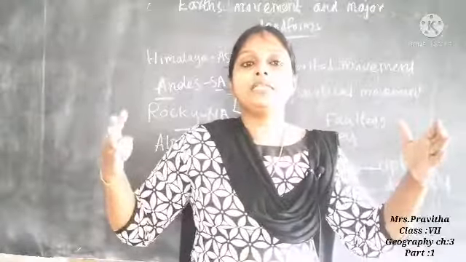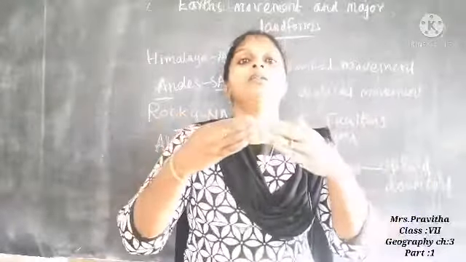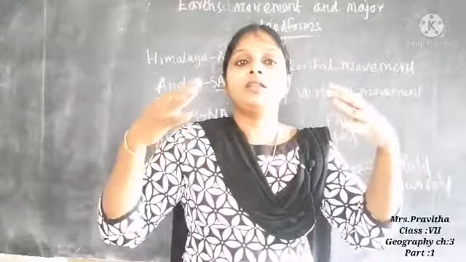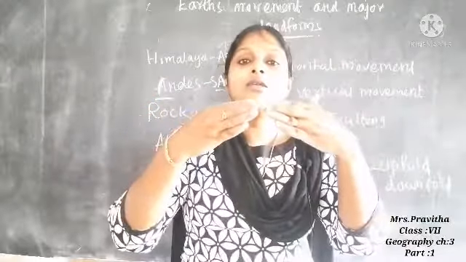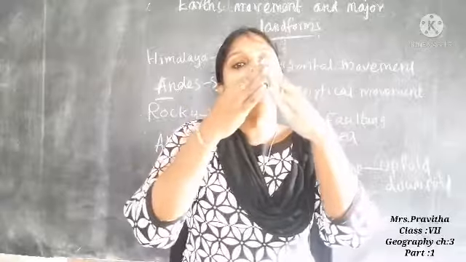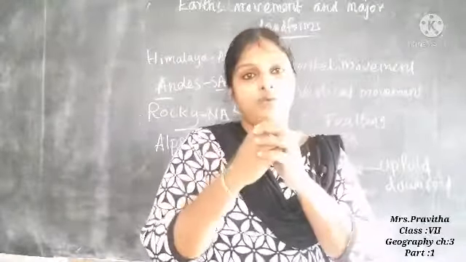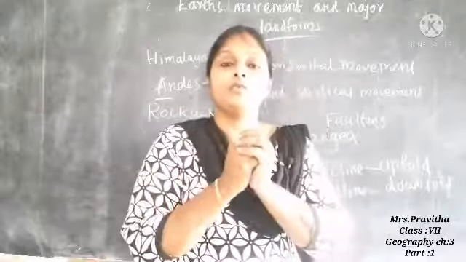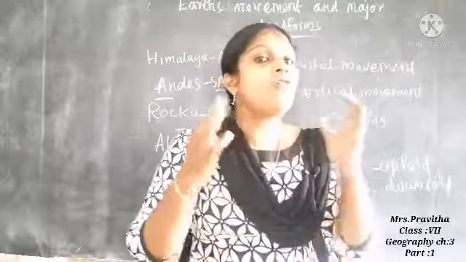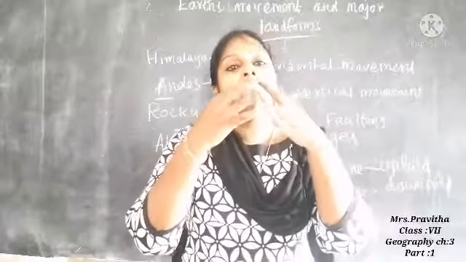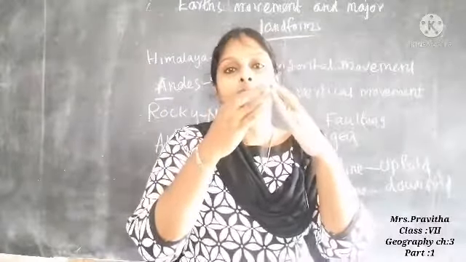When the two plates are coming towards each other, that is known as convergent movement. So what happened when this plate coming towards each other means it will lead to folding. It will lead to folding and the formation of fold mountain. So convergent plate movement will lead to the formation of fold mountain.